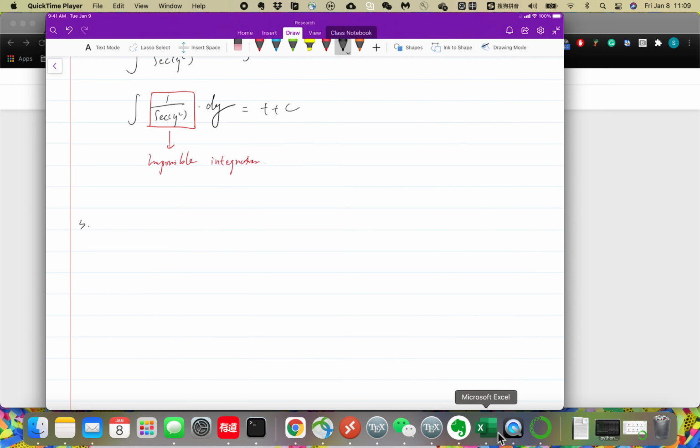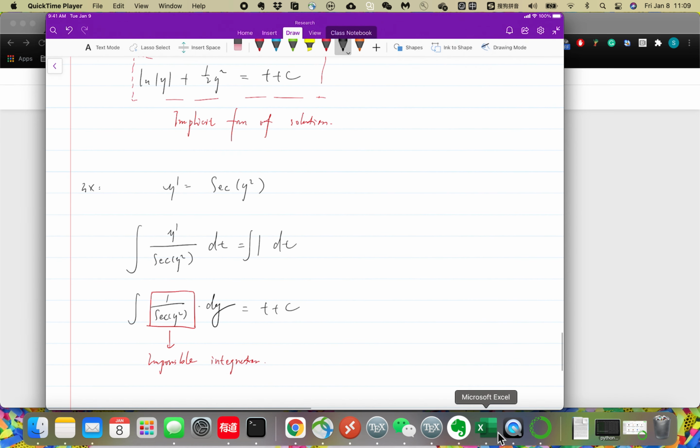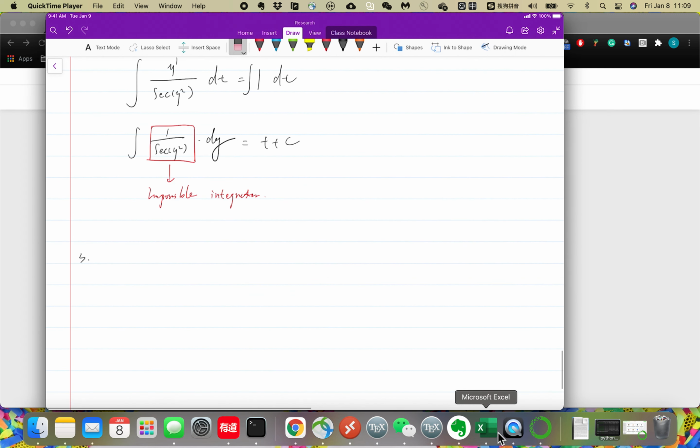Second thing. Sometimes you may have missing solutions. And we can do a simple example.